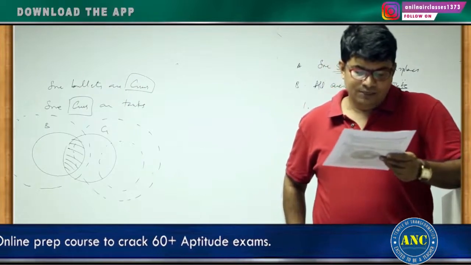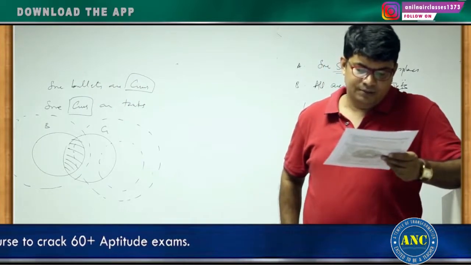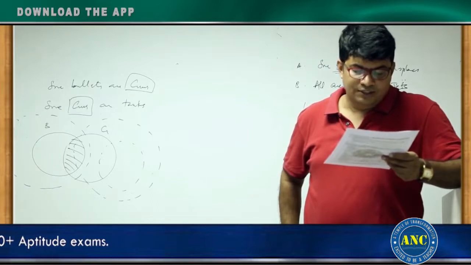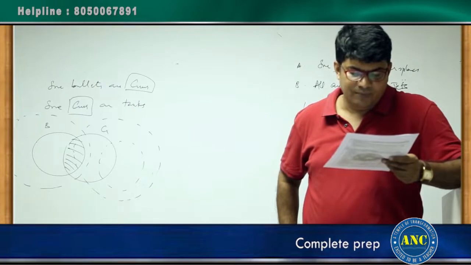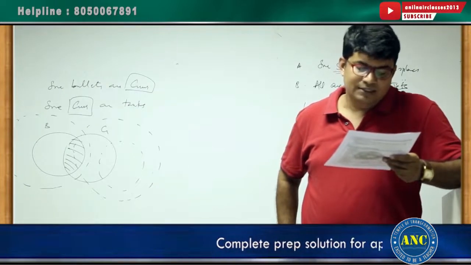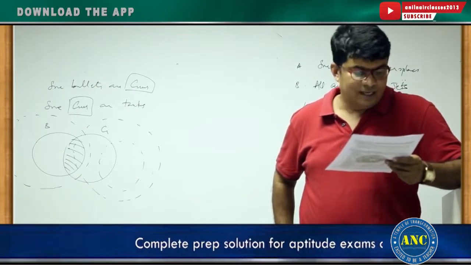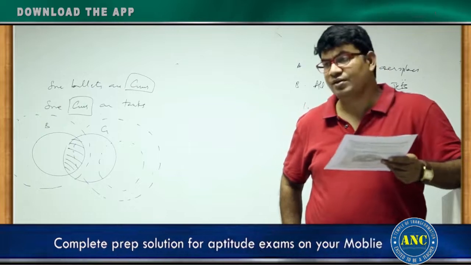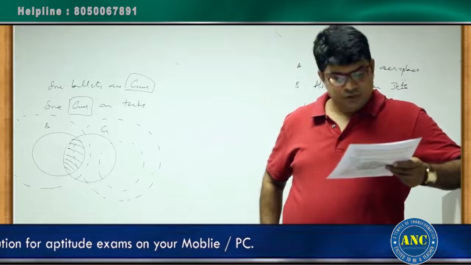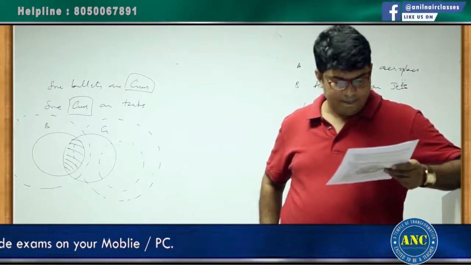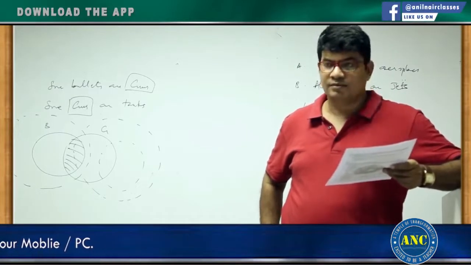B, D, E. All teachers cheat is statement B, and D is some teachers beat. Now E is saying some teachers beat and cheat. Makes logical sense. Yes or no? Yes, sir. So that's your answer. Answer is B. That is a purely logical thing.